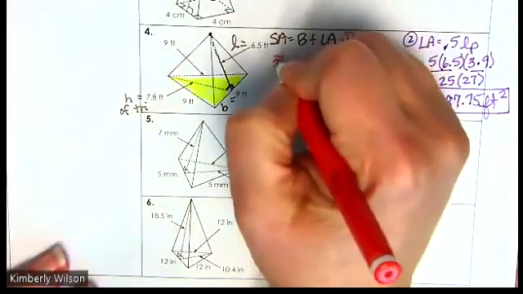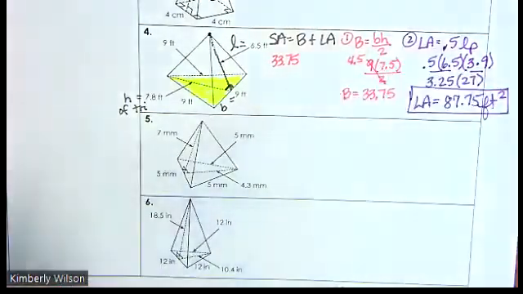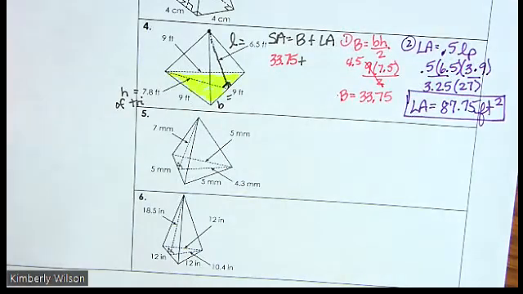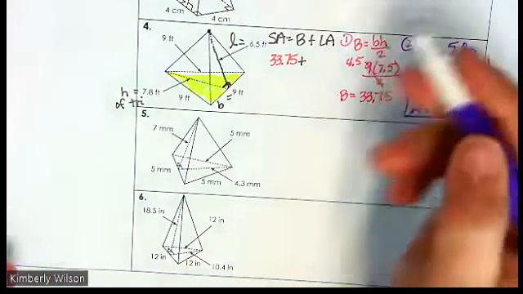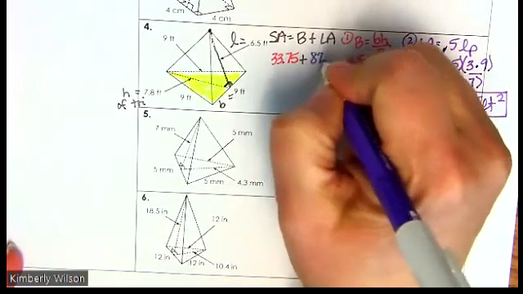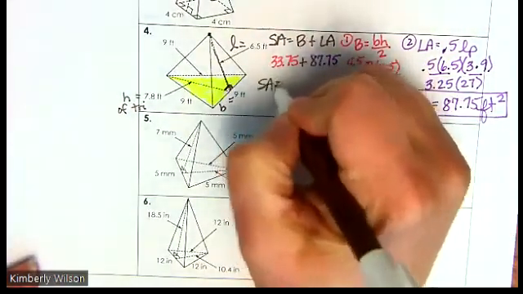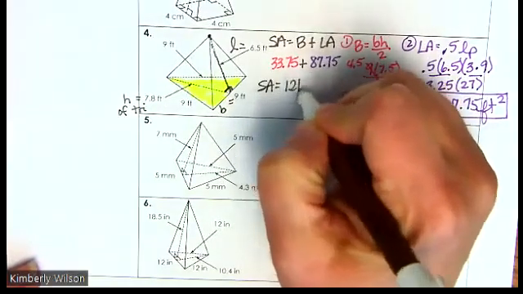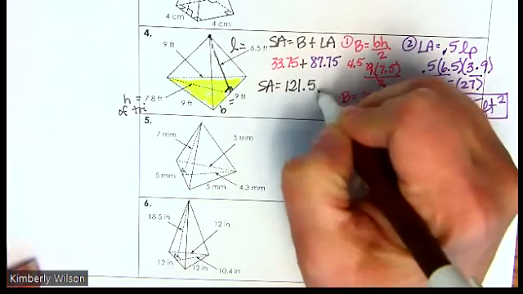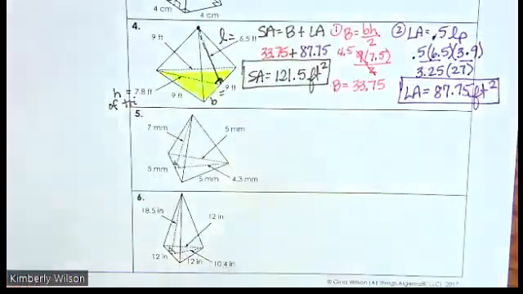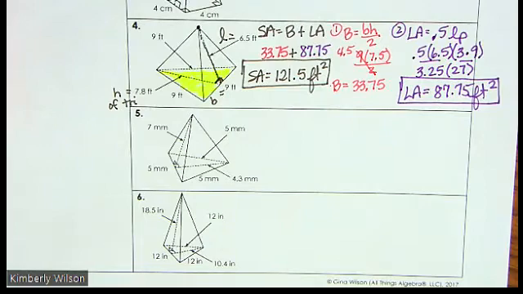So I'm going to have 33.75 plus 87.75, which gives me that my total surface area is 121.5 feet squared. There we go. Now we don't one that's a triangle. And we're going to move right along.